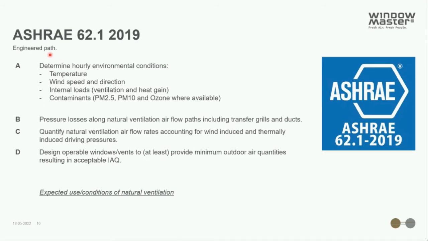And as it's also a performance-based compliance path, we also need to account for the internal load, which is primarily the ventilation requirement and the heat gains. The engineered path actually also requires us to account for outdoor contaminants, but this is only where data is available.